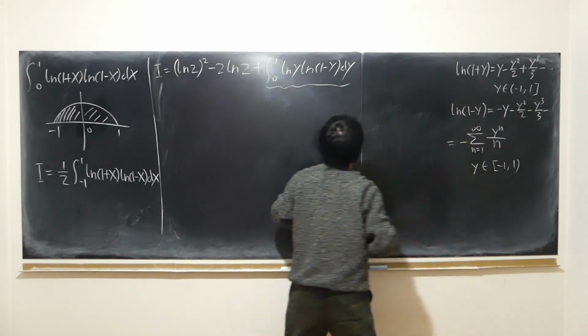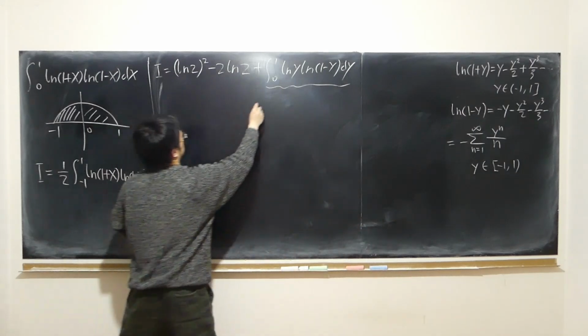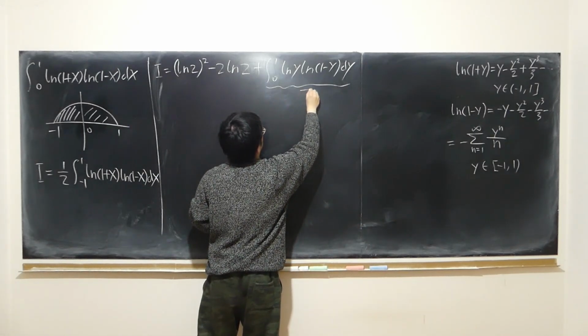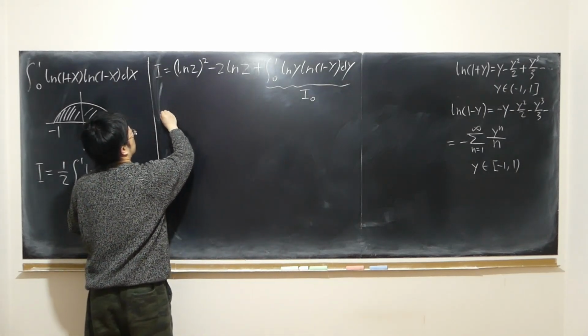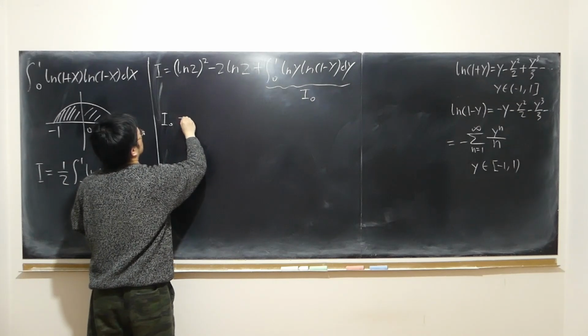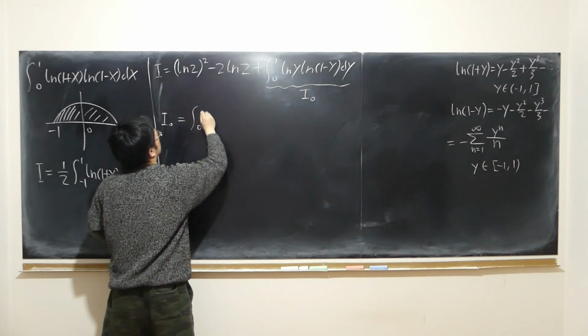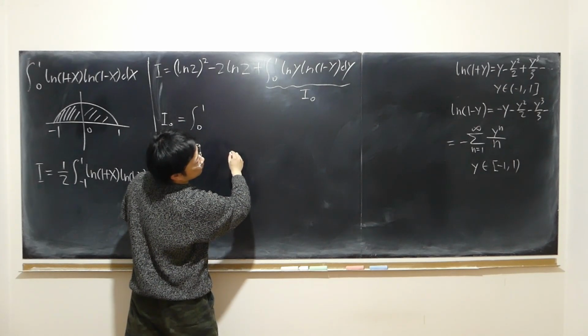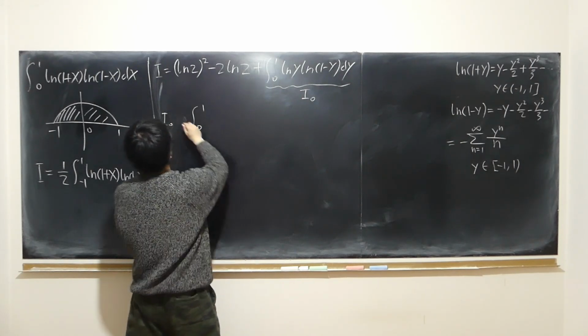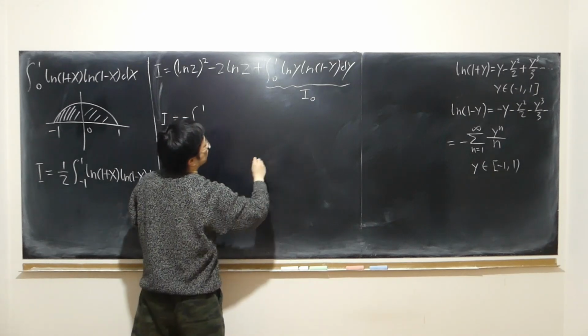That's perfectly okay. All right, so let's just call it I naught, right? So I naught is equal to the integral from 0 to 1. Let's take out the negative. All right, there is a negative.